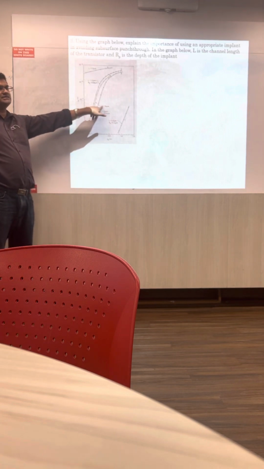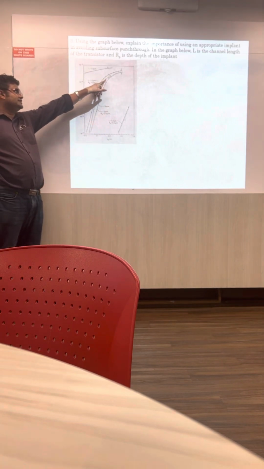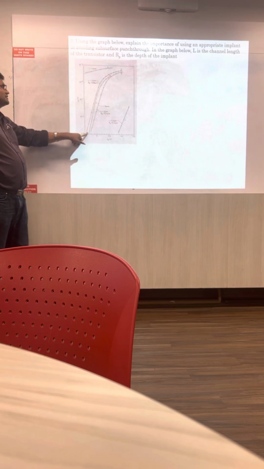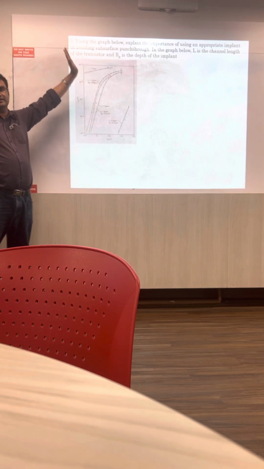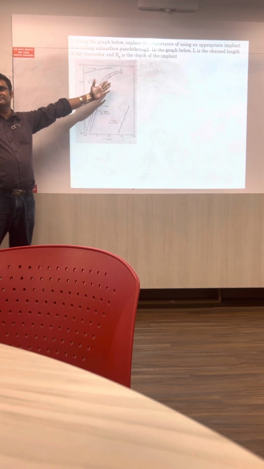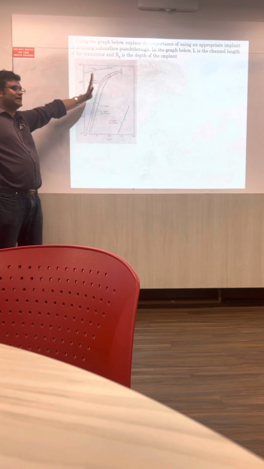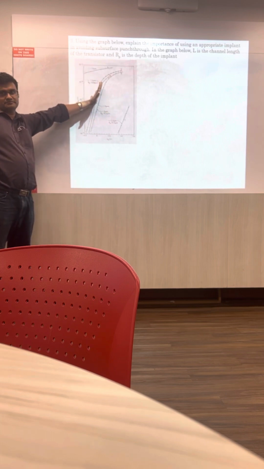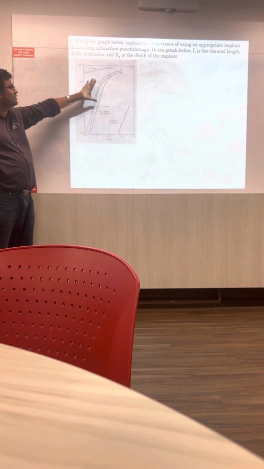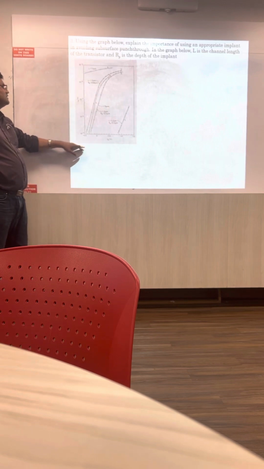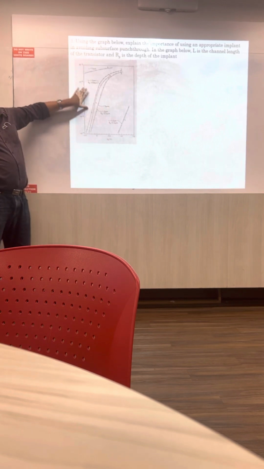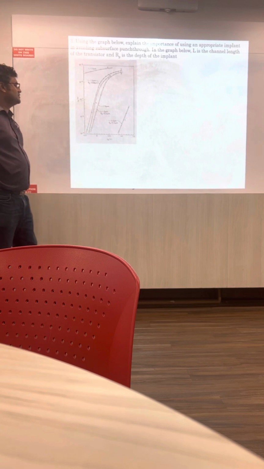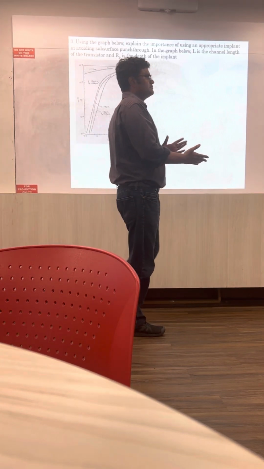B with long channel 7.8 is the kind of characteristics that we are trying to make A look like. So we're trying to make A look like B, because you can see wow, so many orders of magnitude I can control. Remember, this is a logarithmic graph. I am able to control very, very nicely.